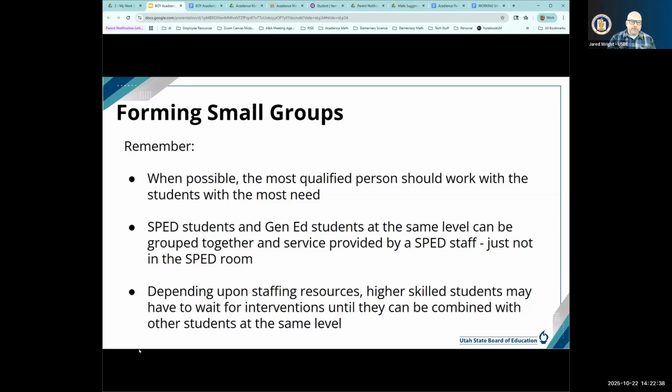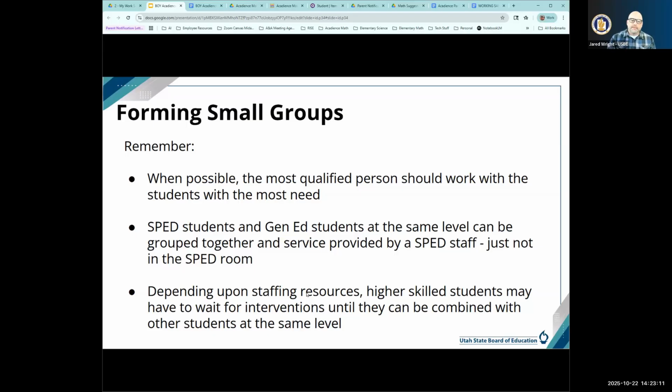And then also just recognizing that special ed students and general ed students, if they're at the same level, can be grouped, and service provided by a special ed staff. And then depending on your resources, this especially happens with Acadience math, because reading has a lot more requirements around it.